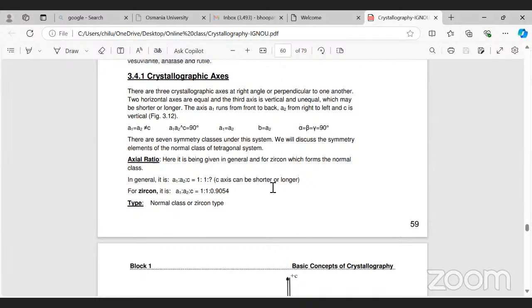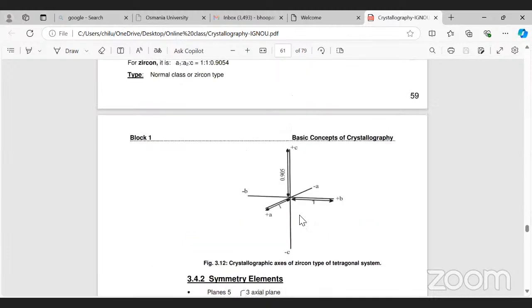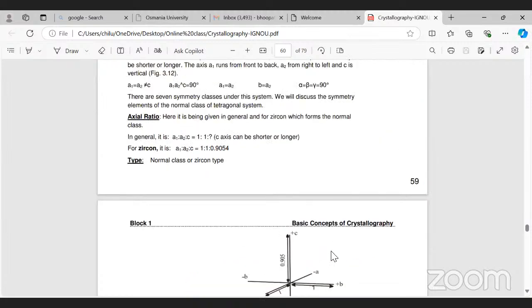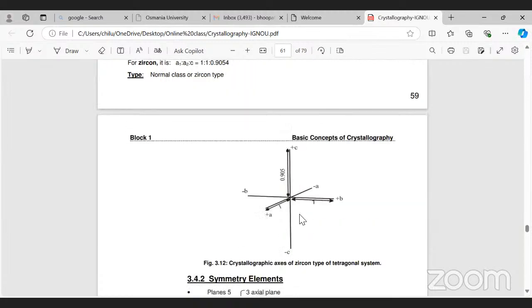So here the axis one, I mean A or A1, whatever you may call it, runs from front to back, and B runs from right to left, and C is vertical.